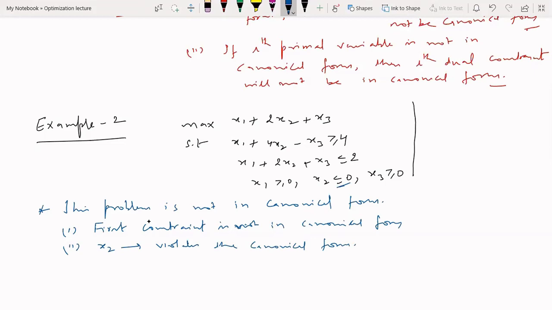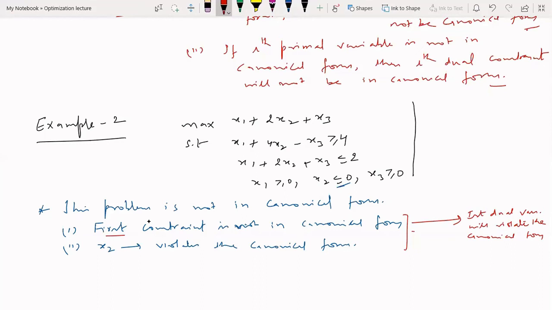Because the first constraint is not in canonical form, the first dual variable will violate canonical form. Because we have studied in the above problem that if a constraint is not in canonical form, the effect is on the dual variable.